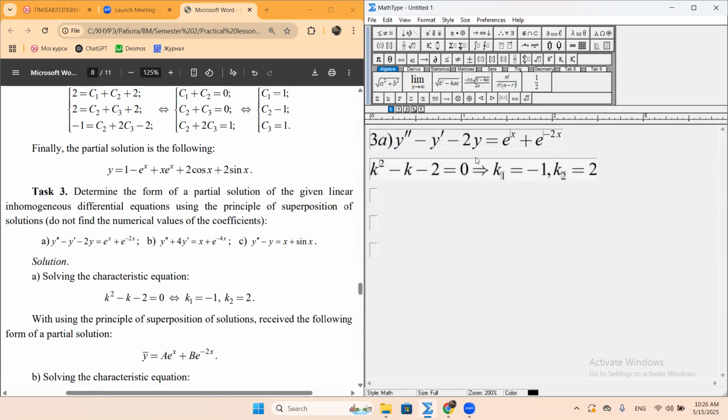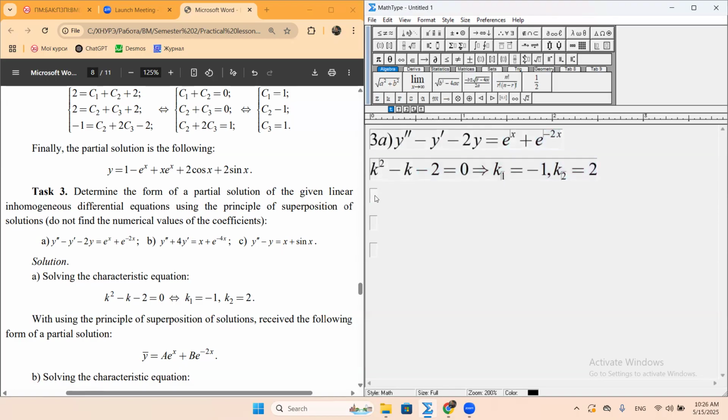So we need to write how the partial solution will look. Here we can see that the right part is the sum of exponents. So it consists of two parts: e to the power of x plus e to the power of minus 2x.